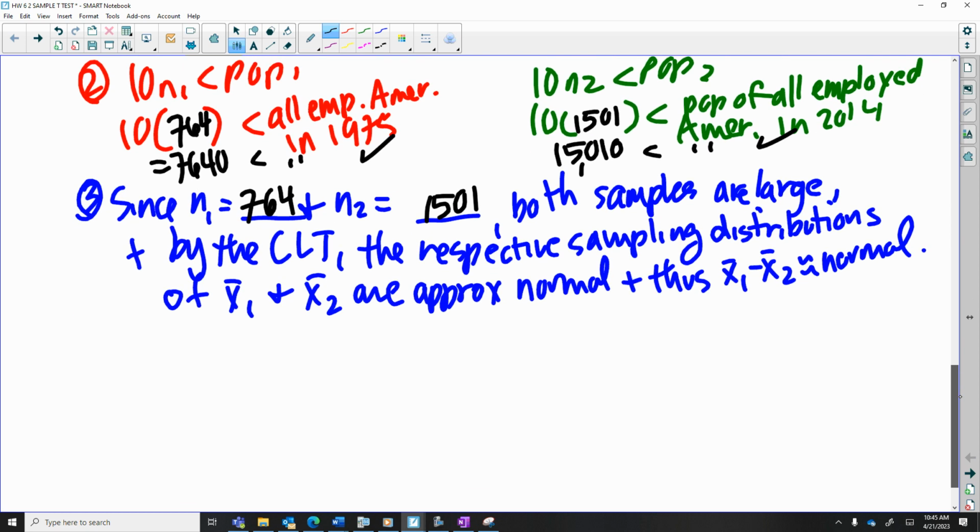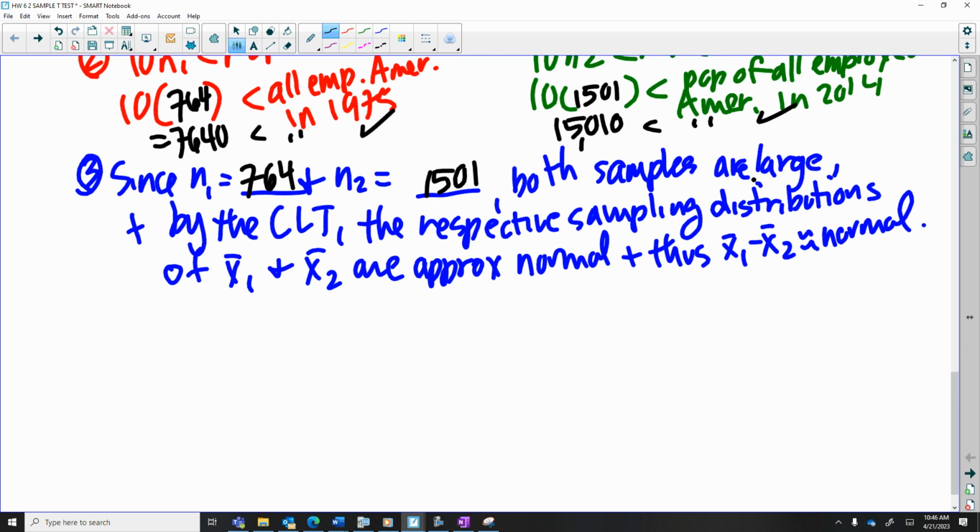And since the two sample sizes were very large, the CLT is met, and by the central limit theorem, the sampling distribution of X bar 1 and X bar 2 are both approximately normal, and thus the sampling distribution of the difference of the two X bars is also approximately normal. So now that all of these are met, we can proceed.